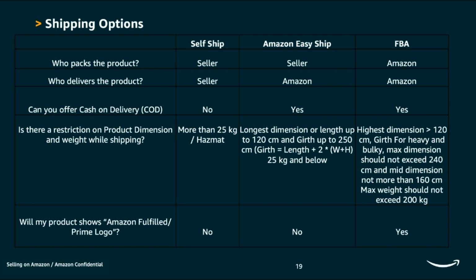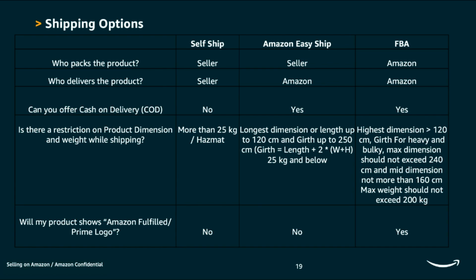And then, will my product show the Amazon fulfilled or Prime logo? In self-ship, you will not see that, and in Amazon Easy Ship, of course, there's none. But in FBA, it's eligible for Prime, so you will see the Amazon fulfilled logo and the Prime logo on FBA, which is additional points as a seller.